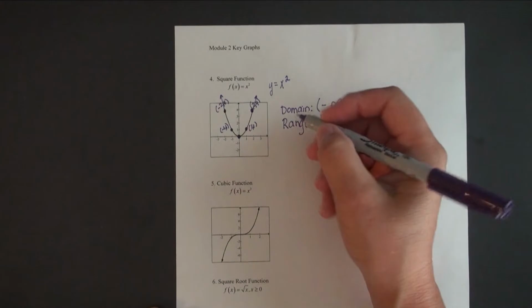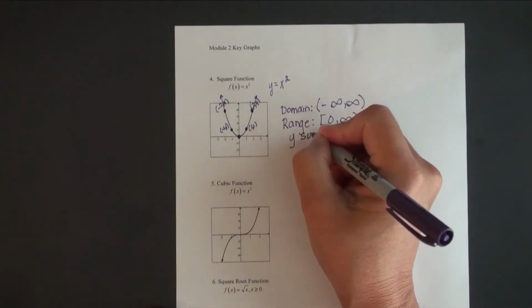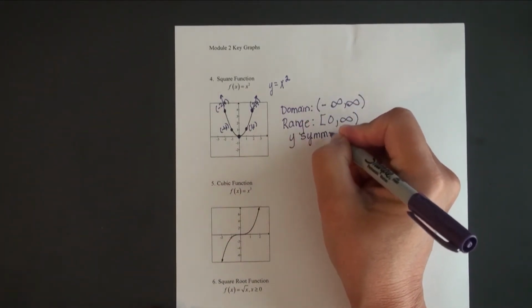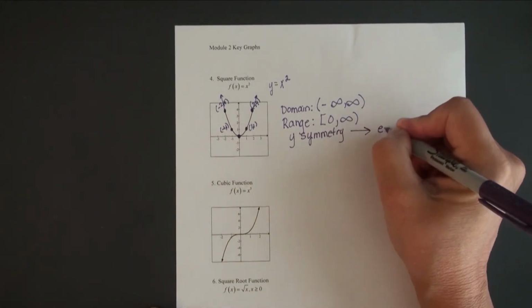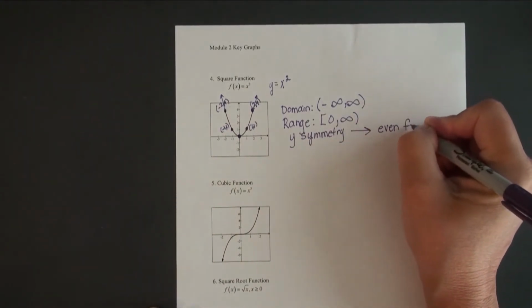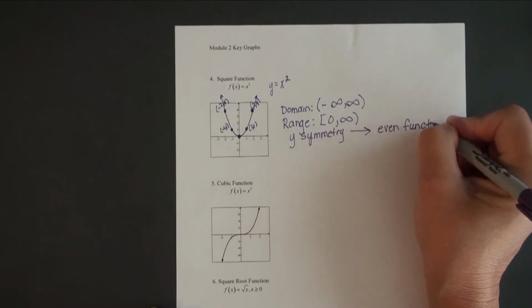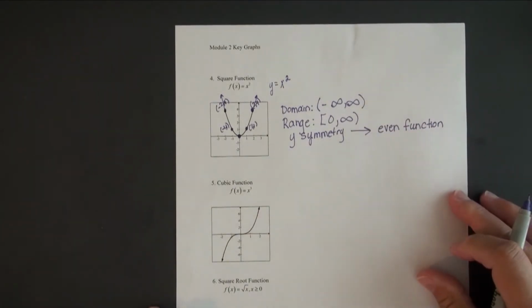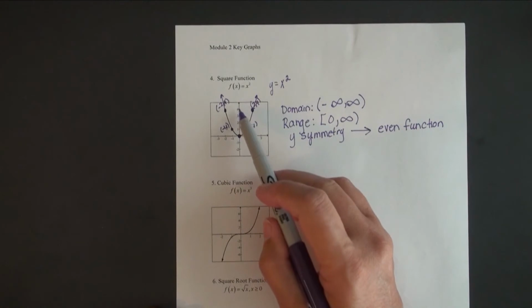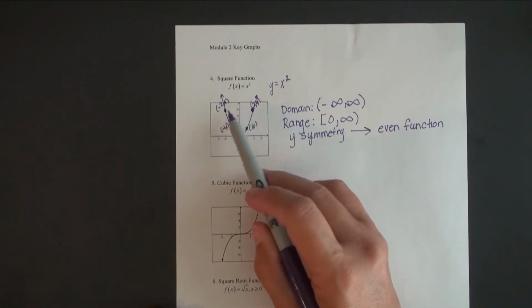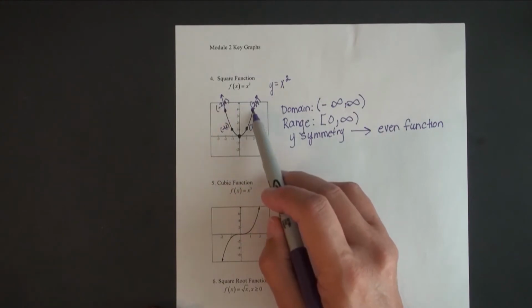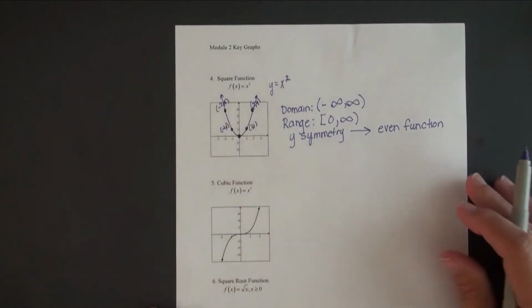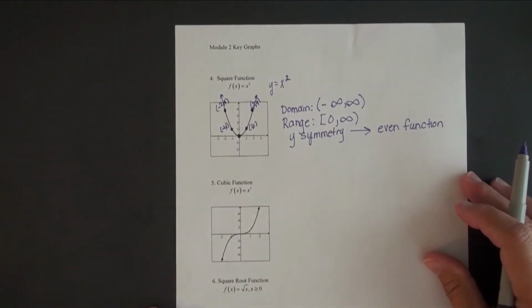So we have y symmetry. And when we have y symmetry, we have what's called an even function. So if you can look at a graph and see the same y values on the right and the left, but the x values opposite in sign, then we know we have y symmetry.